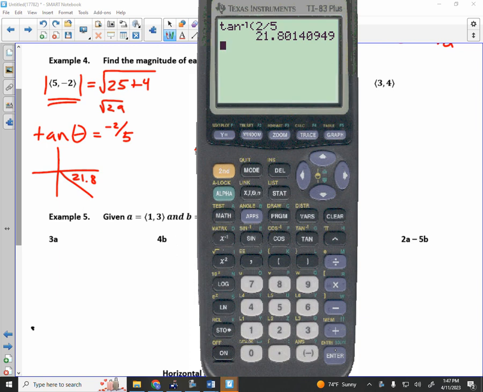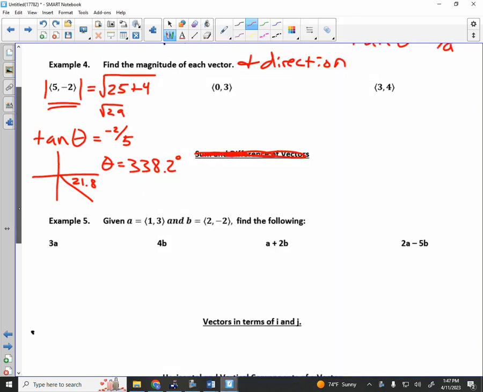So that's in the fourth quadrant, so we know that theta is equal to 338.2 degrees, from 360. You leave your vectors in degree form. Okay. All right, the next one, 0, 3.